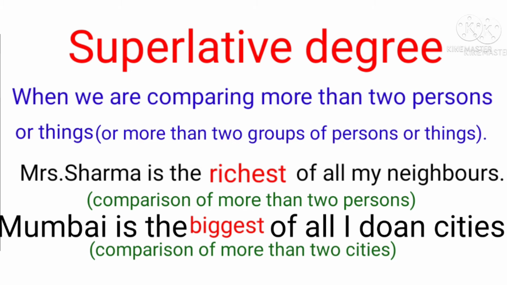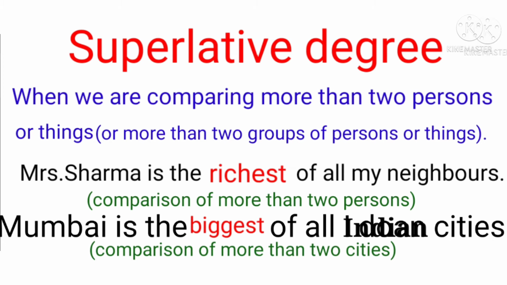Okay, then in another example you can see, Mumbai is the biggest of all the cities. If you say Delhi is bigger than Kanpur, then there is a comparison between two cities.